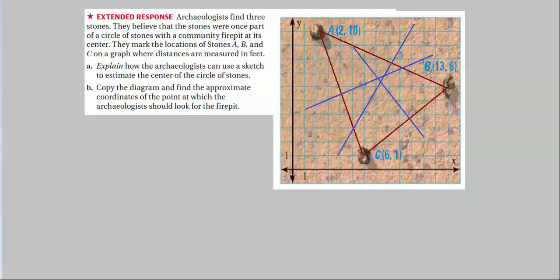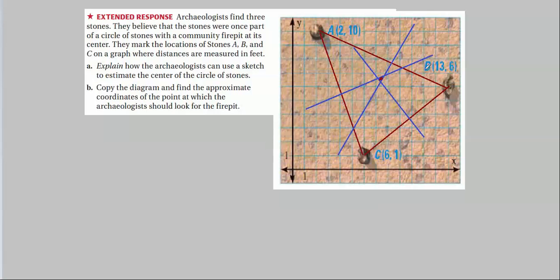These aren't exact, and the fact that the intersection forms a little triangle and not just one point indicates that it's a gross approximation. But they asked for an approximate point. I would say the approximate point is right about there. And I don't know, what point is that anyway?